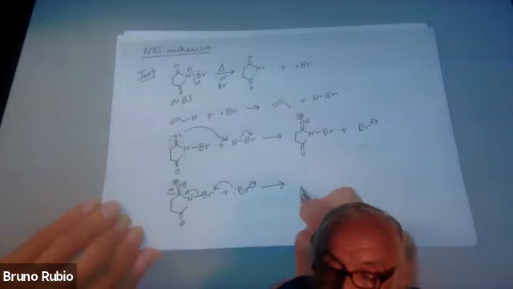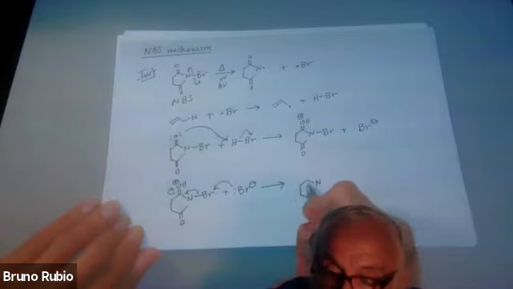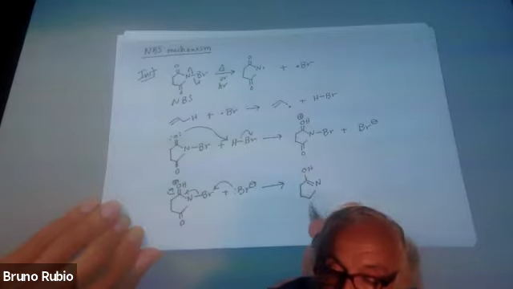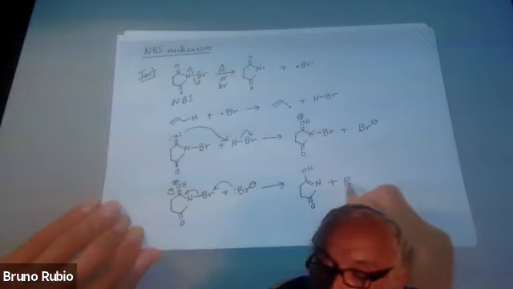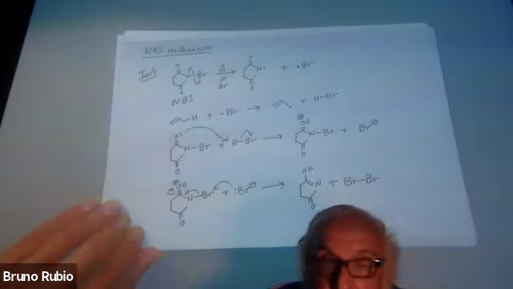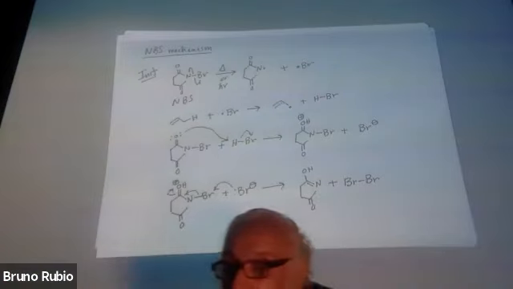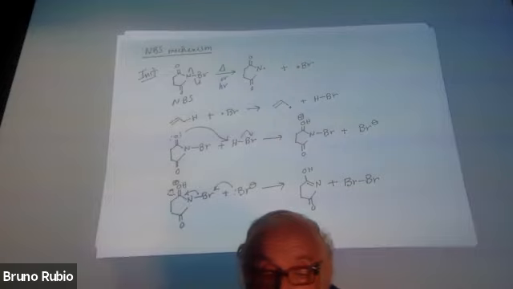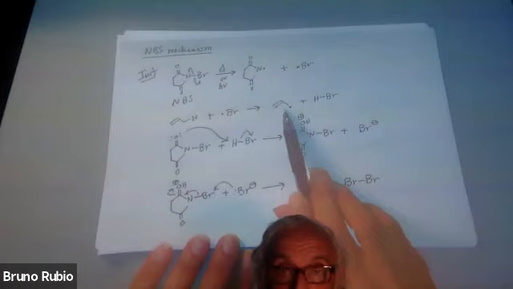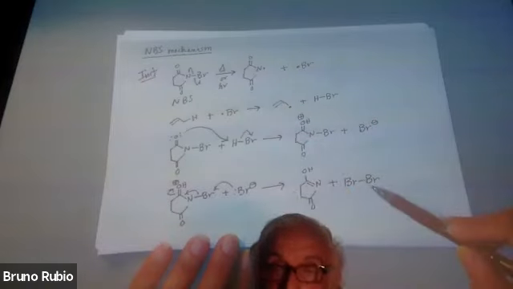And we get this sequence of steps to give us this bromine molecule. Okay, so the point of these initiation steps, I know this is complicated, the point of this initiation step is that it has produced an allylic radical and Br2.